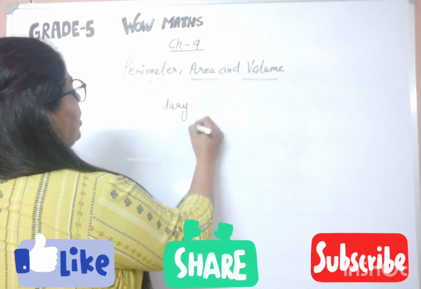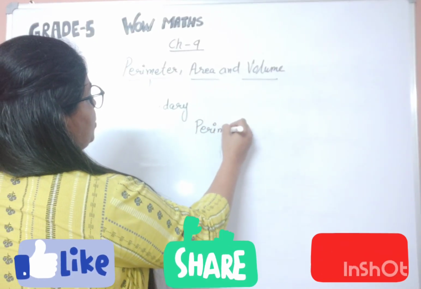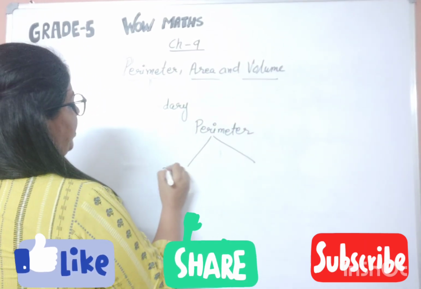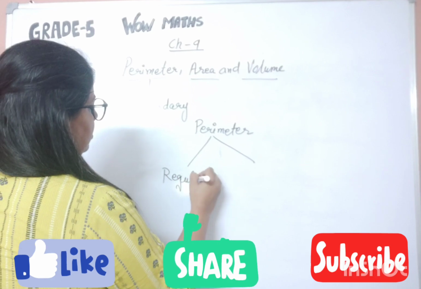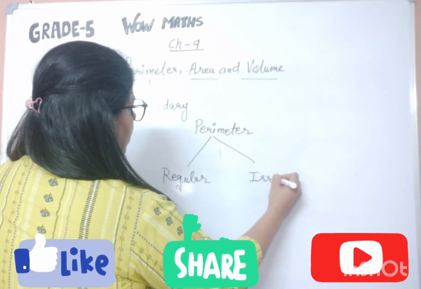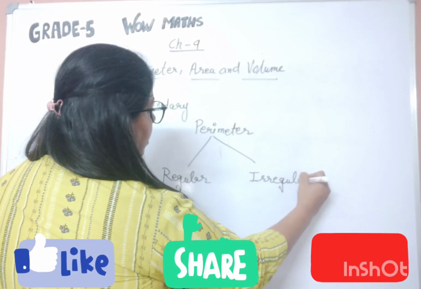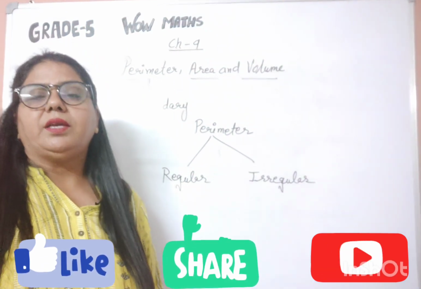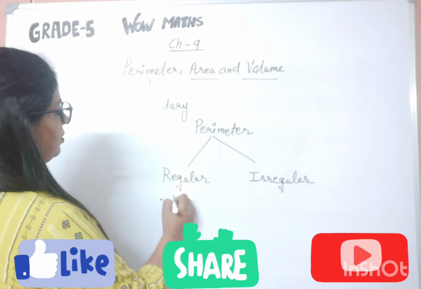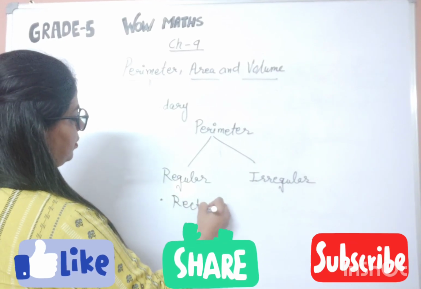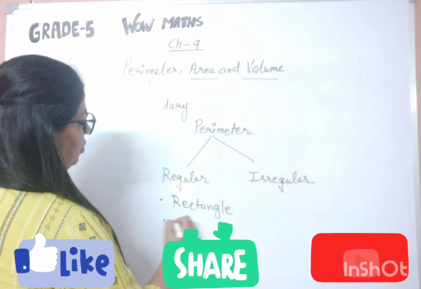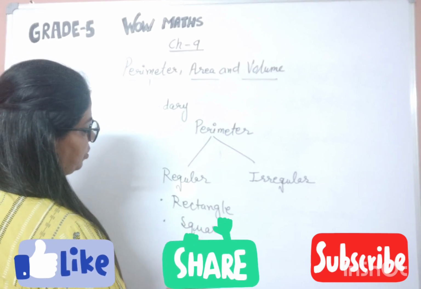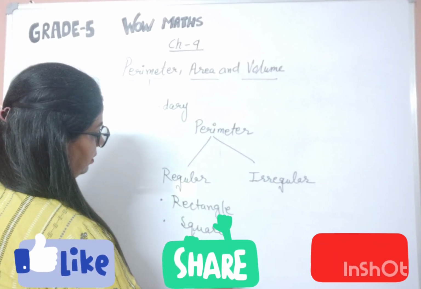In this chapter we will talk about the perimeter of regular figures and irregular figures. Regular figures are the figures whose names we know, like rectangle, perimeter of a square or perimeter of a triangle.